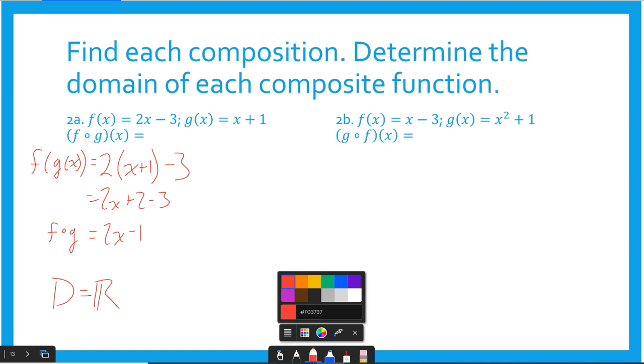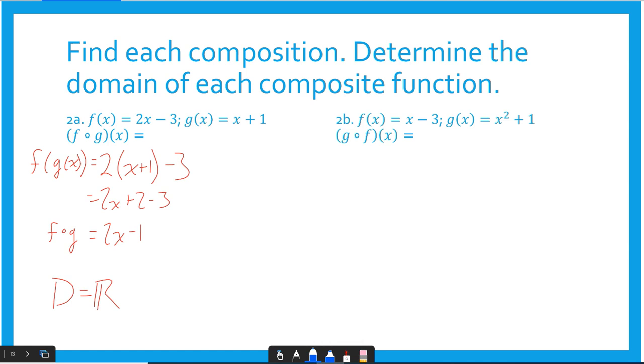Alright, let's look at example B. We have f of x is x minus 3, g of x is x squared plus 1. So we want to find g of f of x. So that means we're going to start with the function g and substitute f into that function. So that means instead of x, I'm going to have x minus 3 quantity squared plus 1. Alright, really important, when we're squaring a quantity, we treat it as multiplying binomials. Alright, it's not just distributing the exponent.